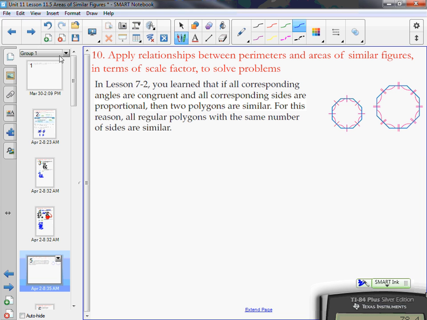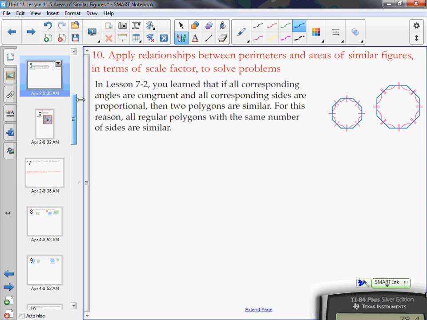I'm fairly confident that I said that at some point back in Unit 7, but in case I didn't, every regular pentagon is similar to every other regular pentagon. Every regular hexagon is similar to every other regular hexagon. Why would this be? Because every regular pentagon is the same shape as every other regular pentagon.